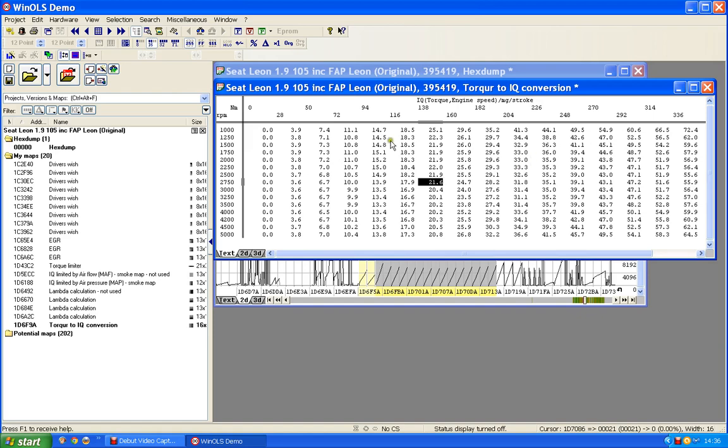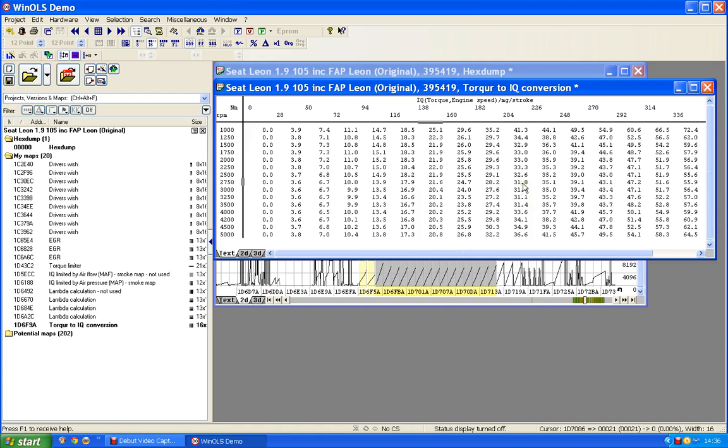So in other words, if we pick, let's pick 3000 revs per minute. If we go across and look at 3000 revs per minute at 204 for the torque, so roughly 200 Newton meters, that equates to somewhere around about 31 milligrams per stroke being injected.